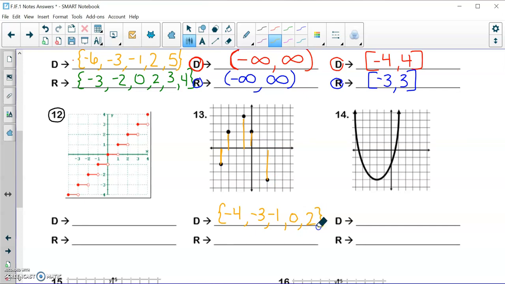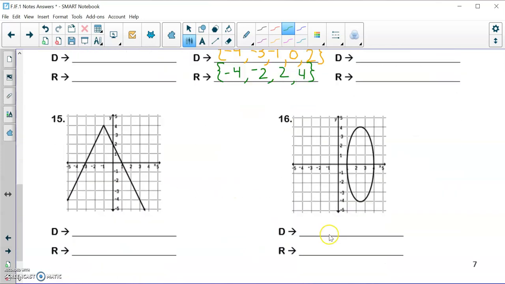So that's my domain. Now my range, looking at my lowest point first, my lowest point is a y value of -4 and -2. Then both of these have a y value of 2, so we just write that 2 once, and then a y value of 4. That's my domain and range for number 13.